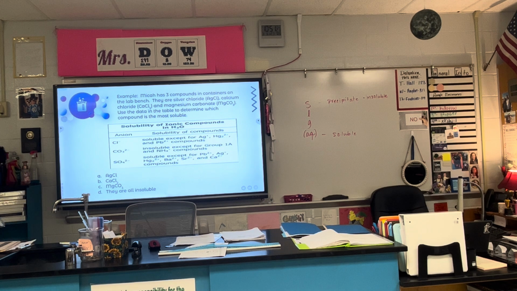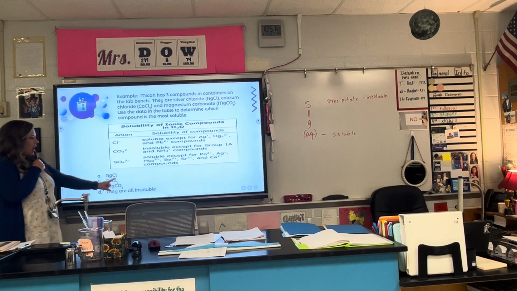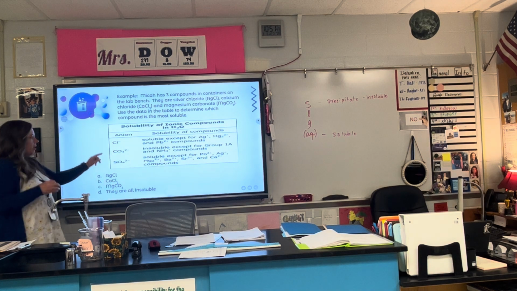Here, Micah has 3 compounds in containers on the lab bench. They are silver chloride, calcium chloride, and magnesium carbonate. Use the data in the table to determine which compound is the most soluble. So we've got silver chloride. Let's look at our chlorides.